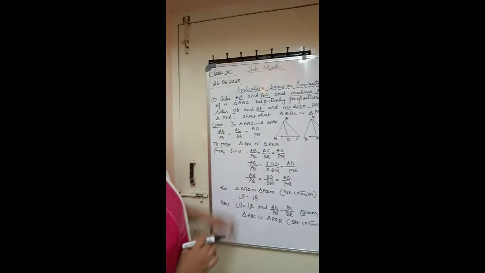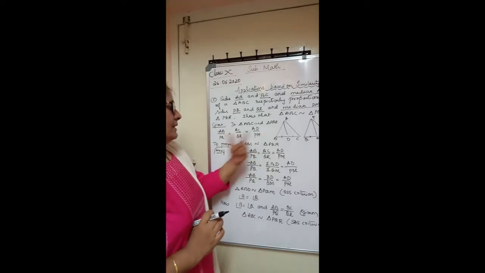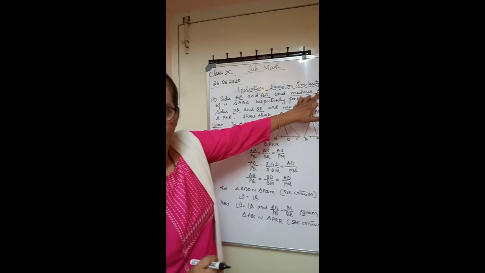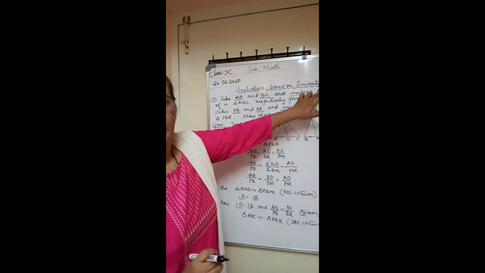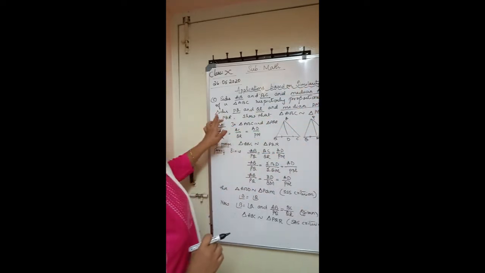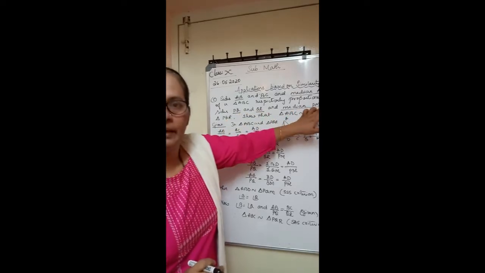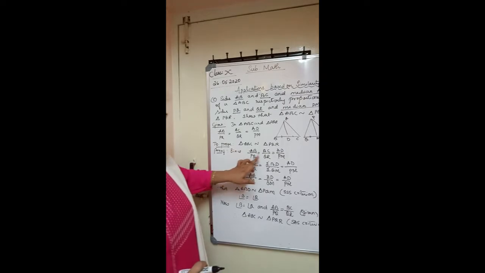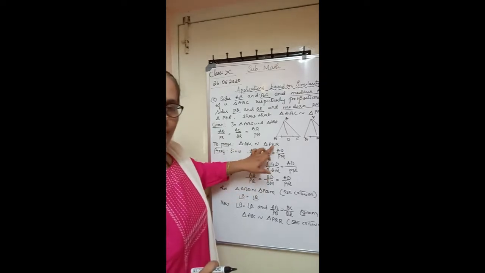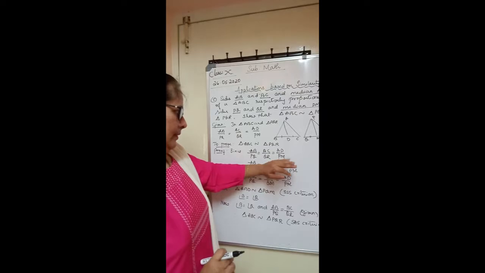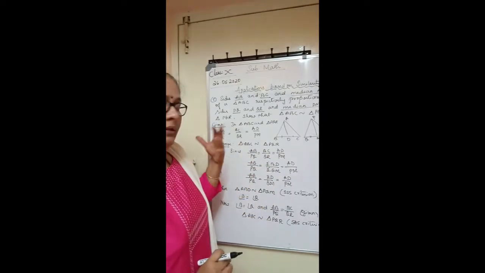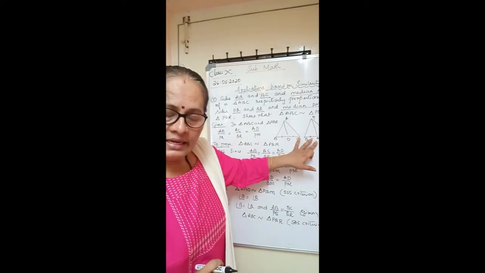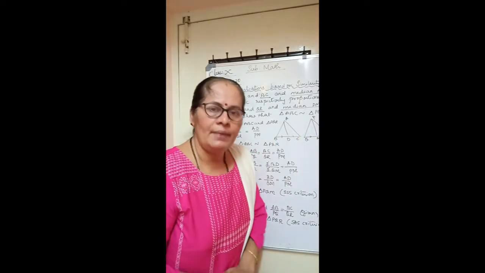Now, since the sides are proportional, it is given that AB, BC and median AD of triangle ABC are proportional to the sides PQ, QR and median PM of triangle PQR. That is, AB by PQ equals BC by QR equals AD by PM. AD and PM are the medians of triangles ABC and PQR.